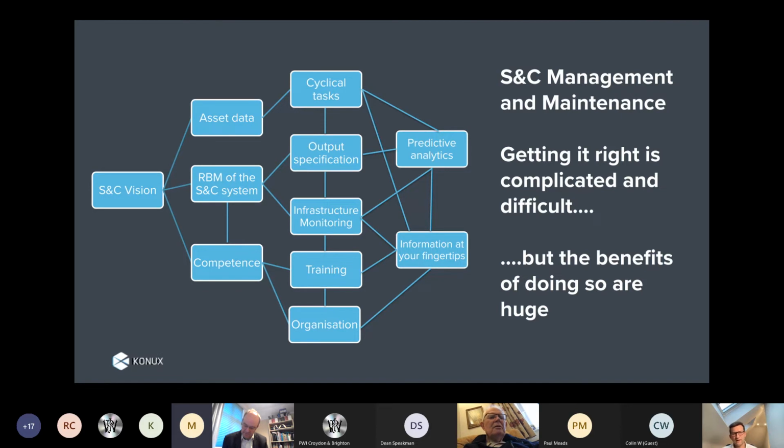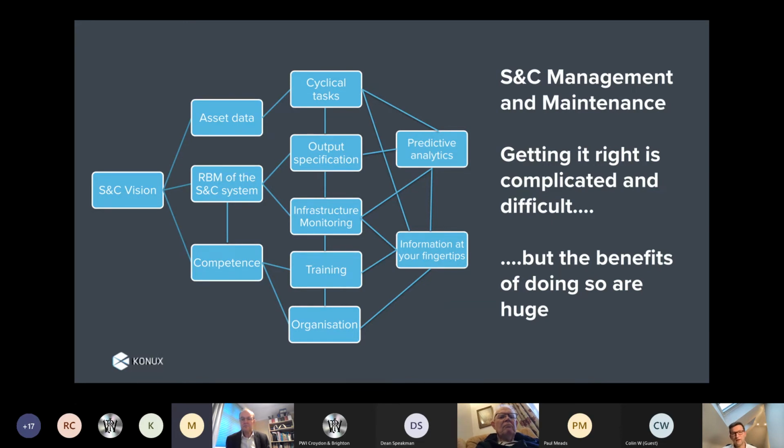But we need to make, I guess, small incremental changes across all of these areas if we're going to deliver an S&C vision of effective, efficient, reliable, and safe switches, which I think is probably what we all aspire to. There's lots of areas that we need to again iterate, potentially fix, to really achieve a strong vision.